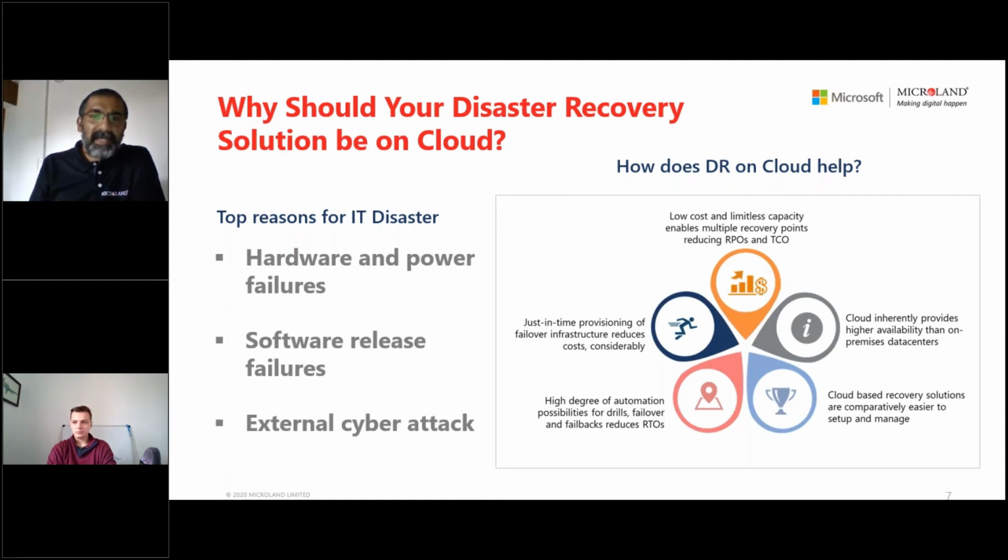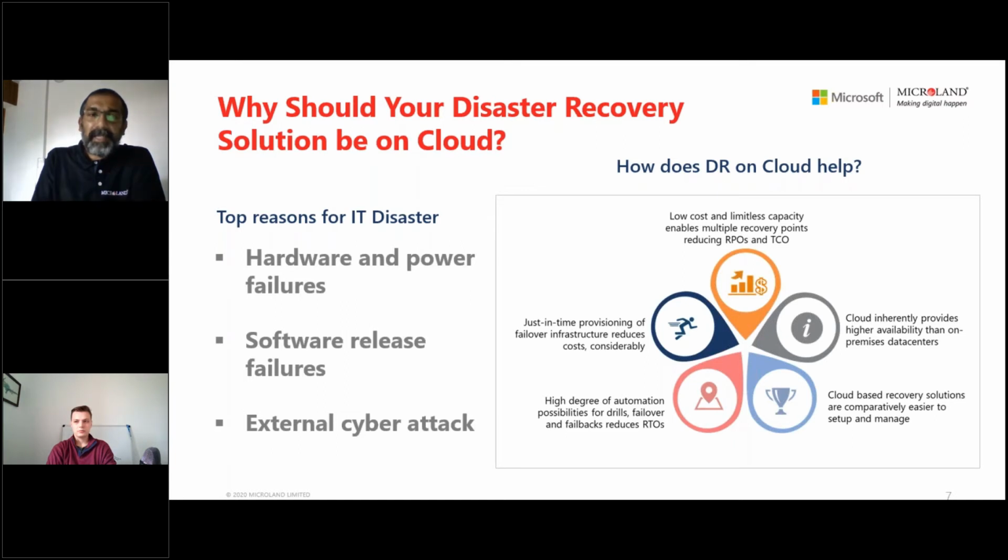Number two, guaranteed availability of your DR infrastructure. When cloud providers provide you with infrastructure on which you are running your workloads for DR, somebody has to take care of the infrastructure availability.